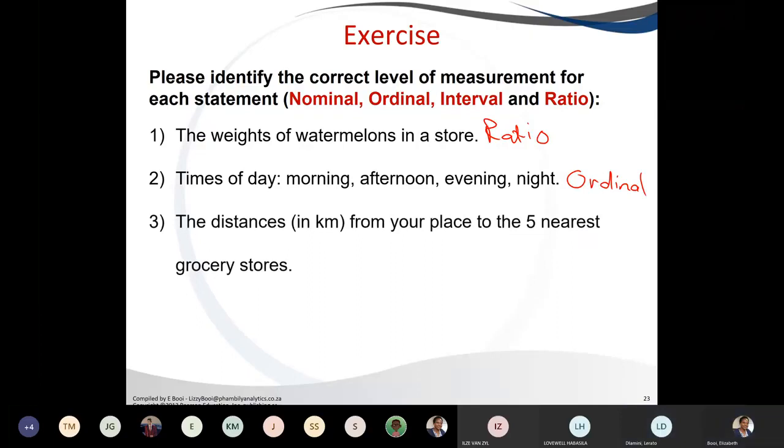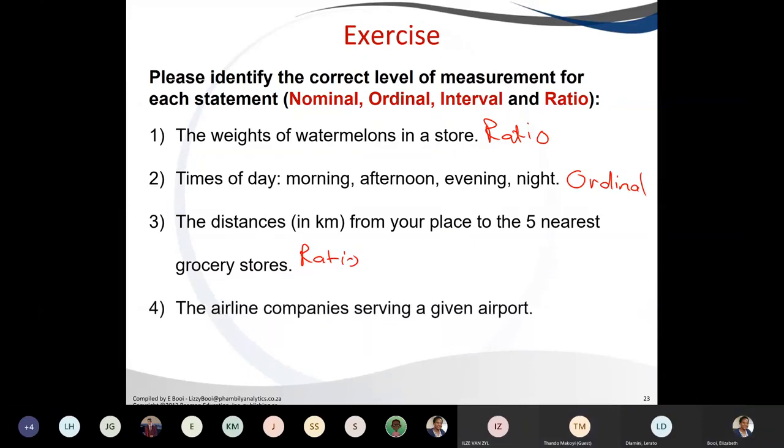Distance from your place to the nearest 5 grocery stores. Ratio. It will be a ratio. It's a ratio. Airplane companies serving at a given point.